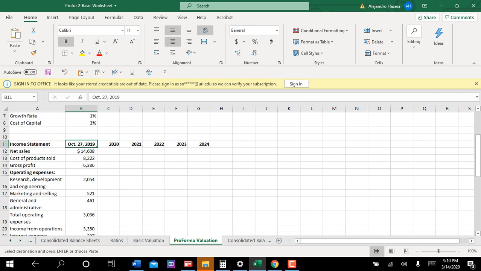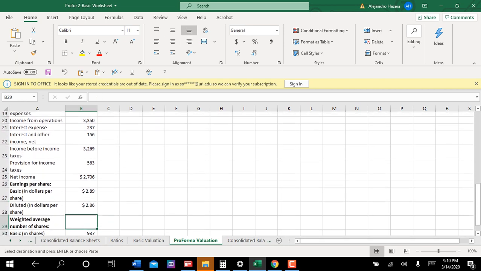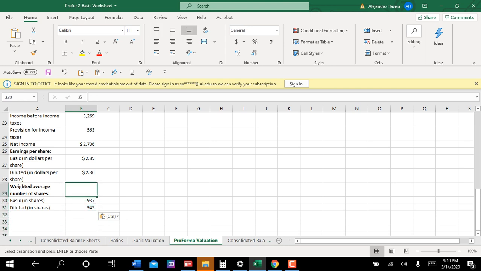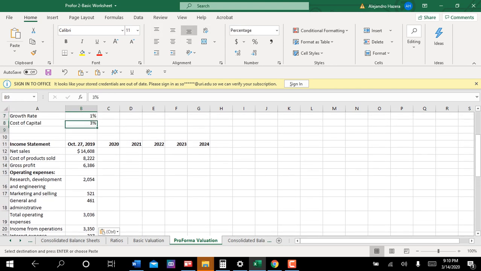And here's what I'm going to do. We have numbers here, monetary numbers, dollars, for all the items on the income statement, except for the shares. And when you make pro forma statements, generally, at least initially when you make a pro forma model, you assume that you measure most items as a percentage of sales.